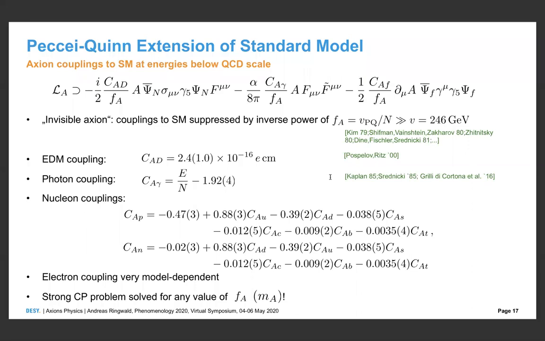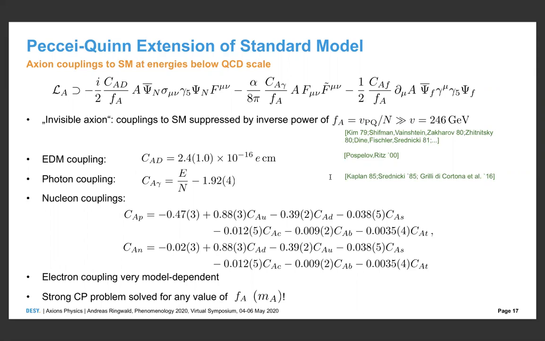The nice thing about the solar helioscope is that at least you can measure the product of the axion-photon times the axion-electron coupling. If there's an extra axion-electron coupling, you can distinguish that. But in ALPS you can only measure the axion-photon coupling. So we need several experiments.